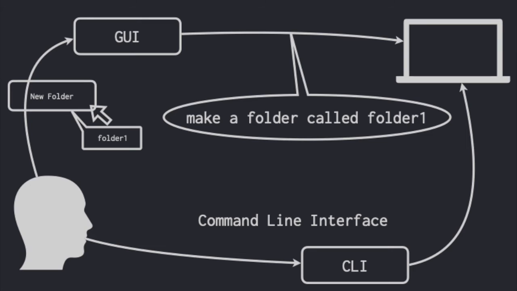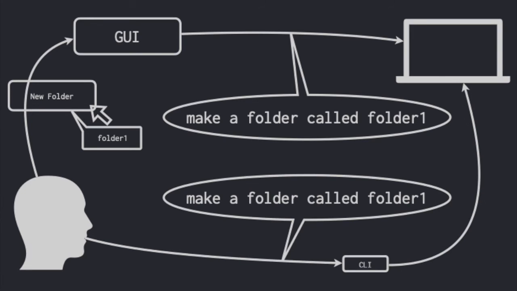The idea of the command line interface is to write commands that are closer to what the computer can understand. So instead of going through the GUI and clicking buttons, which then get translated into something your computer understands, the idea behind the command line is to more directly communicate with your computer by providing it with commands that it can understand more easily.